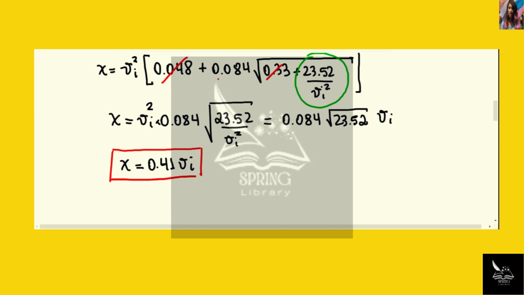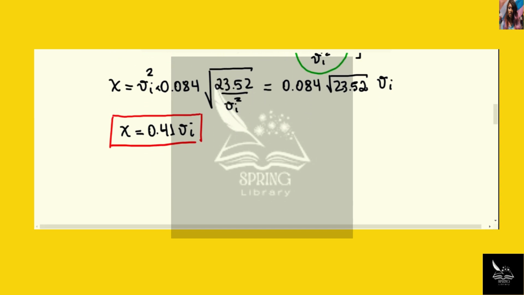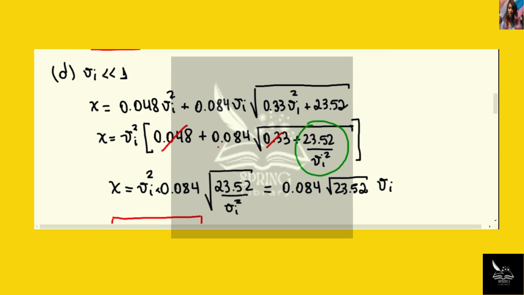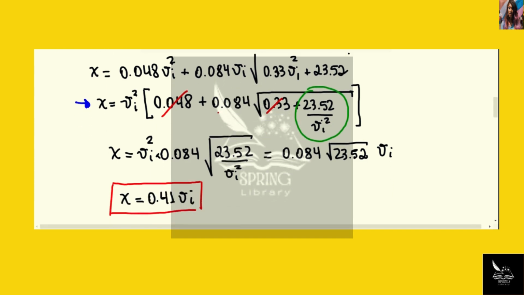In question E, we have to suppose that vi is now very large. So vi is much greater than 1. And we have to find the simplified equation as well. So again, I'm going to use this equation here that I found in question D, because it's again going to be useful.